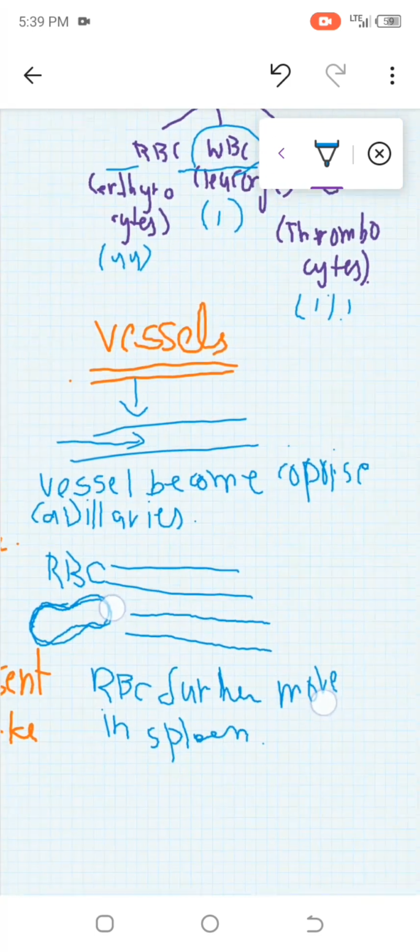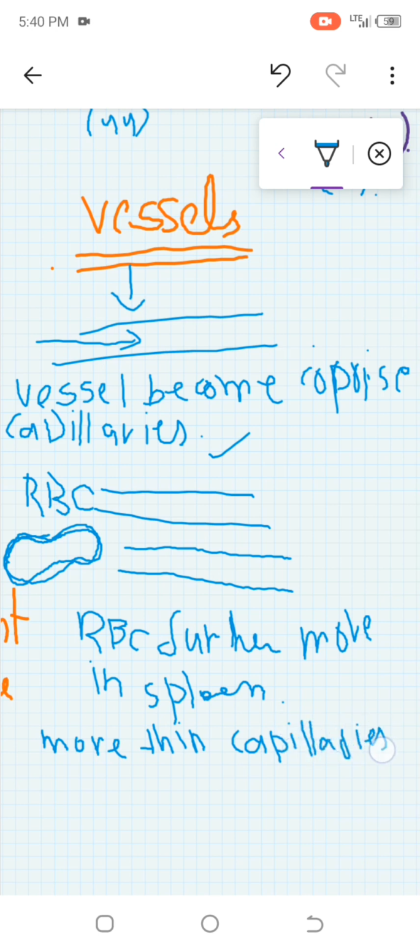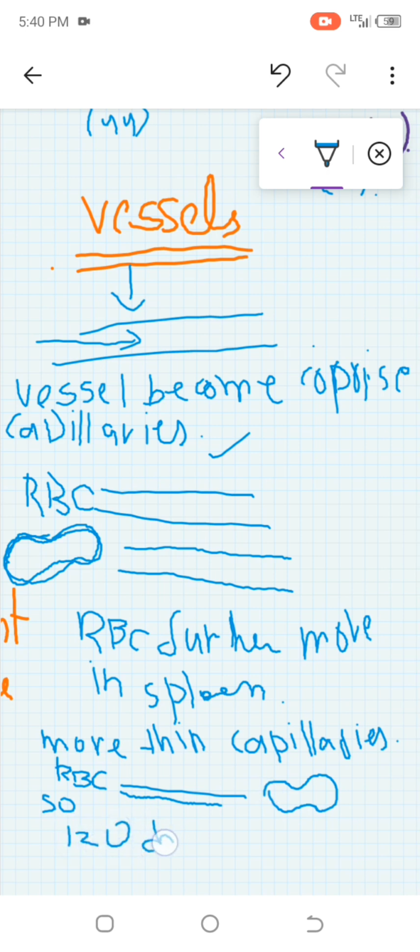The spleen has thicker capillaries than these. So the RBC moves through these thin capillaries, and its wall again gets damaged. So in 120 days the RBC gets burst.